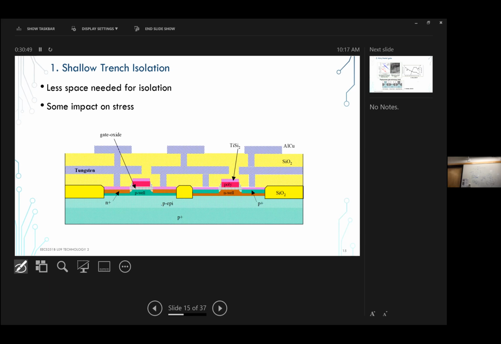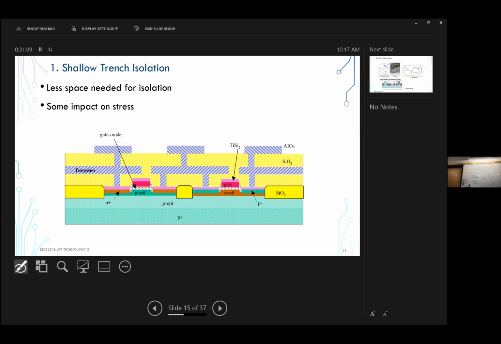That was causing big gaps between N and P devices. If you look at all design rules, N to P spacing was the biggest design rule that was there.